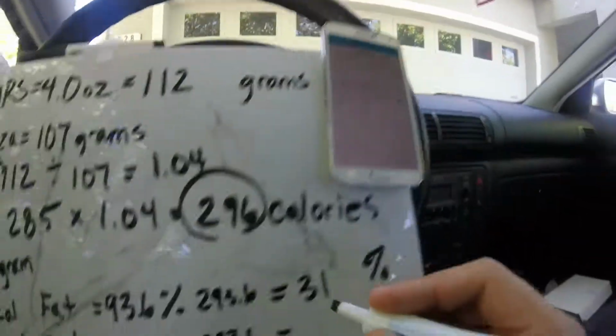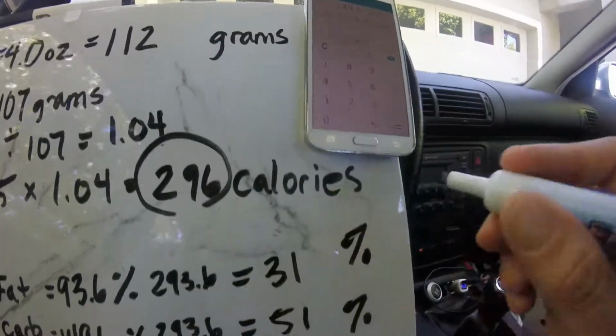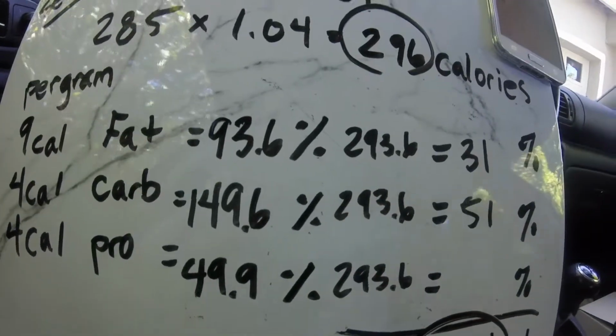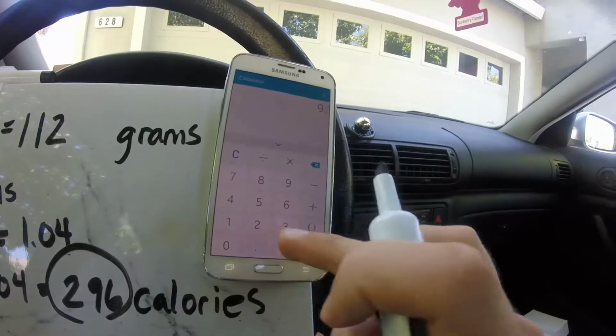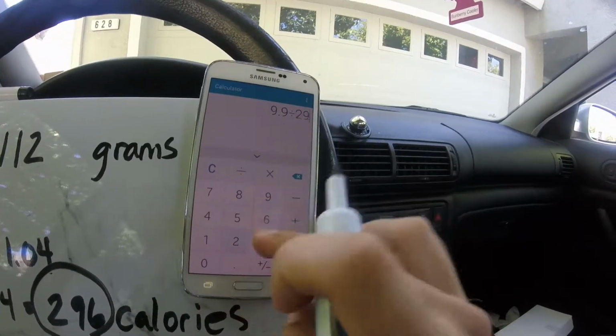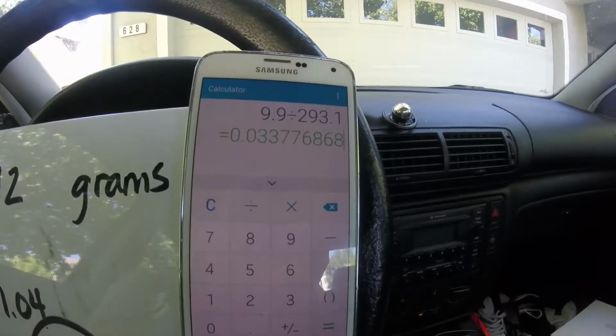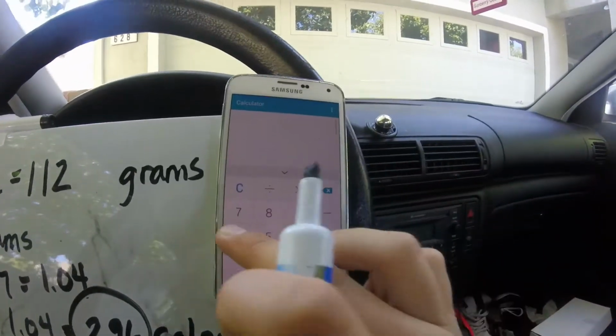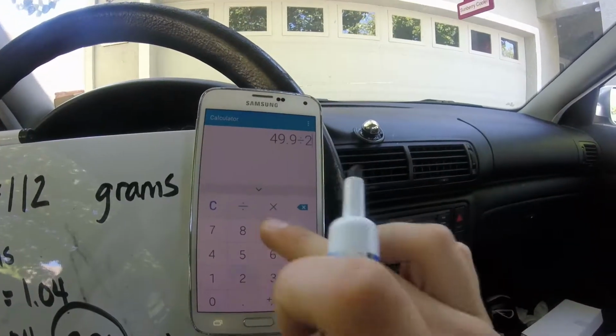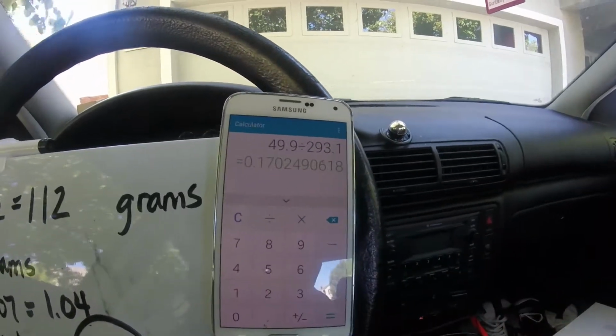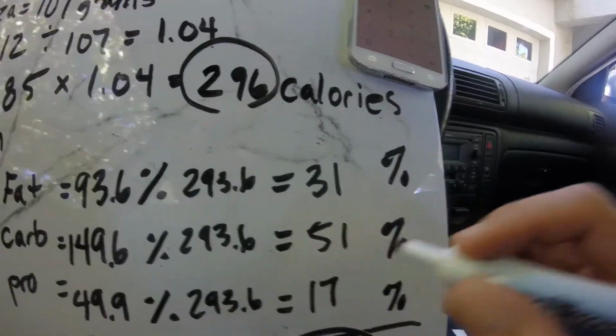It'd be 51% of this food is considered a carbohydrate. So right off the bat, we know the majority of this food is mostly carbs, and then obviously second fat. So I believe this should be 49.9 gets divided by the 293.1. 17% of this food is protein.